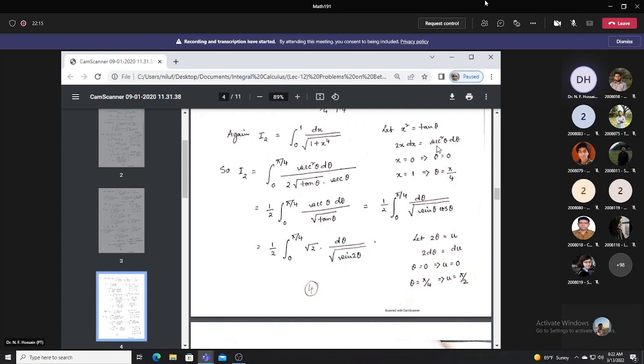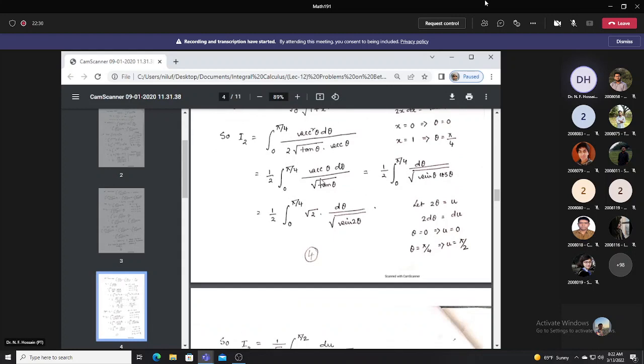That means sec square theta d theta divided by 2 into root over tan theta. And here root over 1 plus tan square theta means root over sec square theta, so you will get sec theta. So one sec theta will be cancelled out. On the upper side only sec theta, on the lower side root over tan theta, and this half is taken outside.